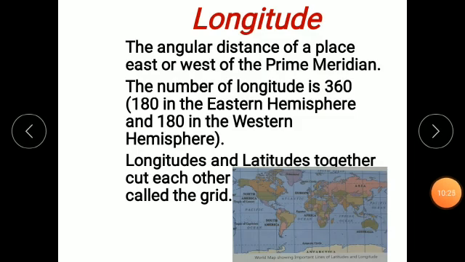Now students, longitudes and latitudes together cut each other, called the grid. See this point. In other words, we can say the globe has lines drawn on its surface which form a crisscross pattern called the grid.